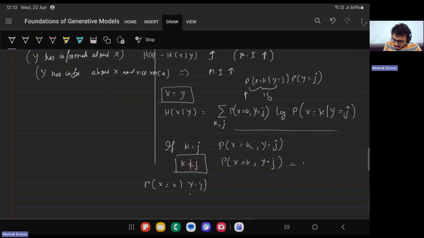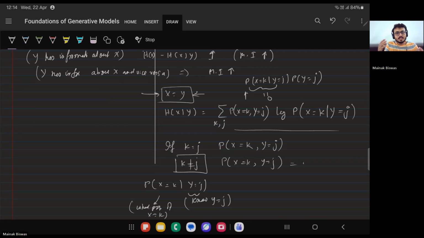So we know the conditional distribution. Given that Y is equal to J, what is the probability of X equal to K? If they're not equal, and I have been told that they're equal random variables, then this term is equal to 0.